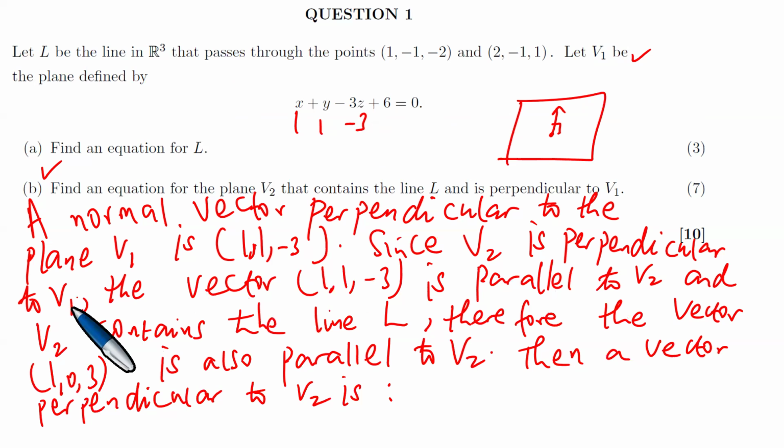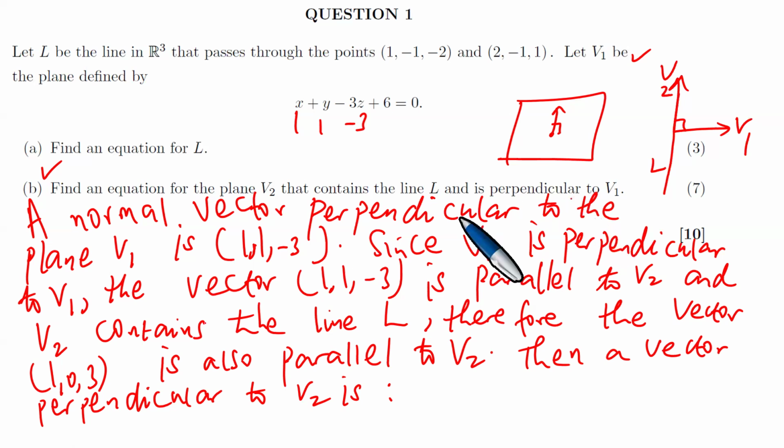Since V2 is perpendicular to V1, because here they said find an equation for the plane V2 that contains the line L and is perpendicular to V1, the two planes are perpendicular to each other. We notice that the line L is on the plane V2 and is perpendicular to V1. Okay, good.